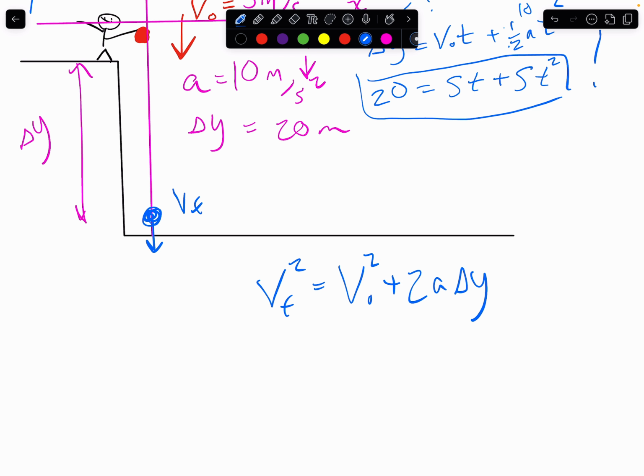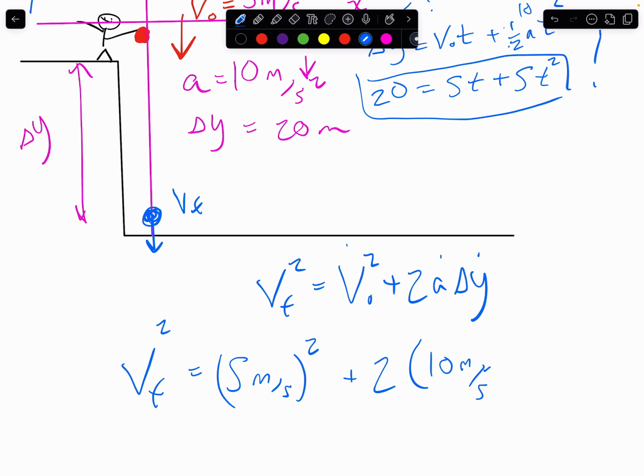Yeah, I know everything. I know V naught, I know the acceleration, I know delta y. So V final squared is equal to, V naught was 5 meters per second, squared, plus 2 times the acceleration, 10 meters per second squared, times my delta y, 20 meters.